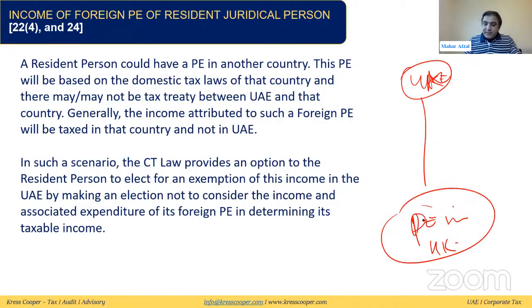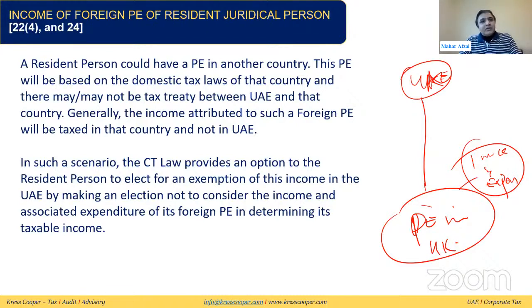If this UAE company has a PE in the UK, the law says this UAE company can apply to the FTA that the income and related expenses of this foreign PE should not be considered. If it has been approved, then the income as well as the expenses of the foreign PE will not be considered while calculating the taxable profit of the UAE company.